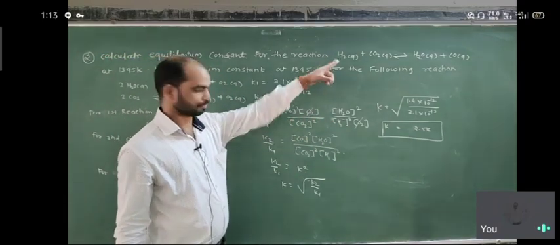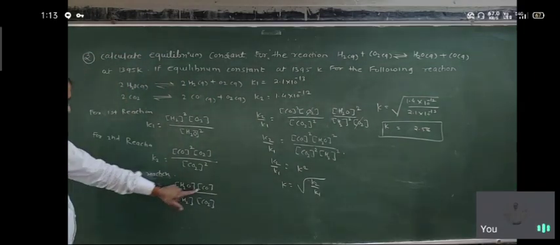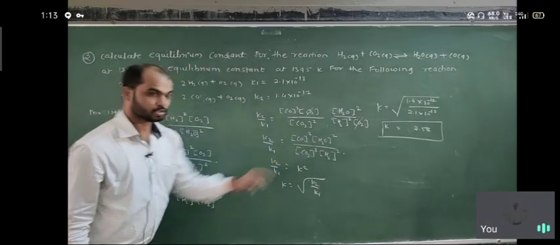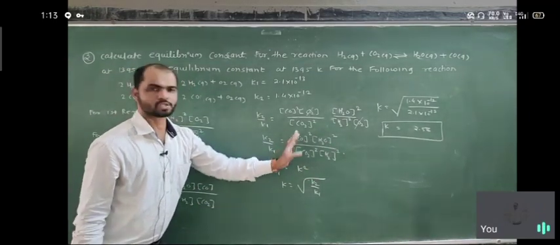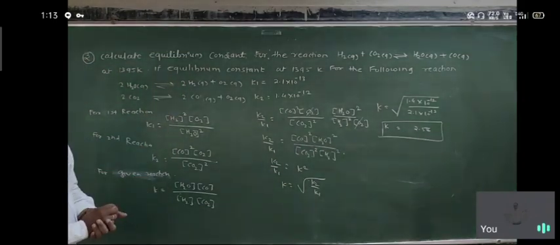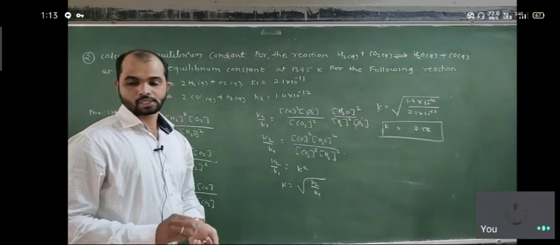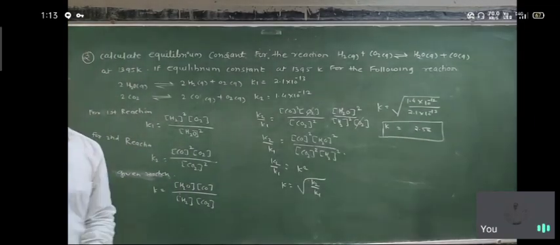H2O and CO are at the product, H2 and CO2 at the reactant. Just the power of concentration is changed, because the two reactions are given. So this is all about the third problem. We're going to discuss the next one, the last one.